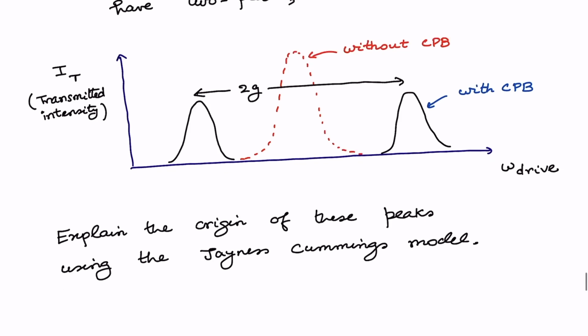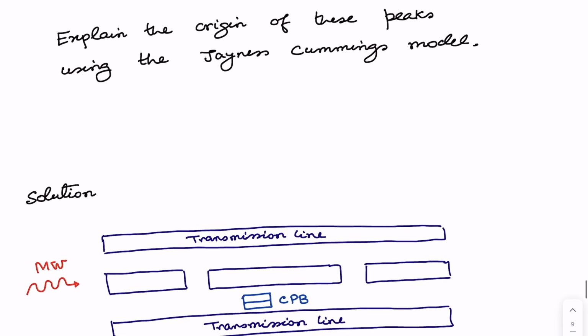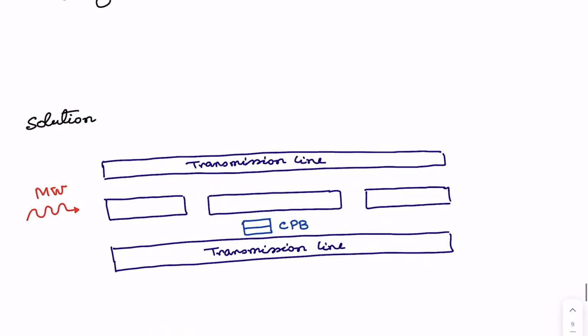So in a typical circuit QED experiment, the setup is somewhat like this. Here you have a transmission line resonator, and near the resonator a Cooper pair box is placed, and microwave radiation is incident on the resonator.